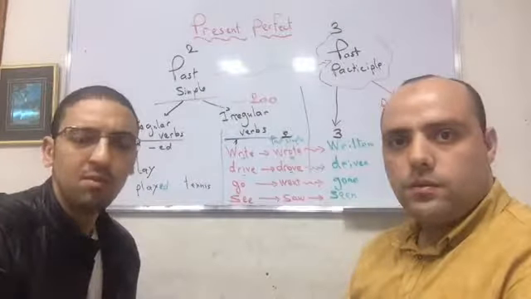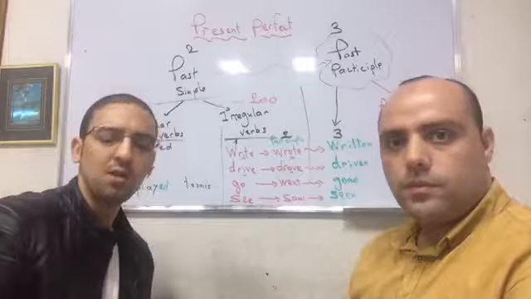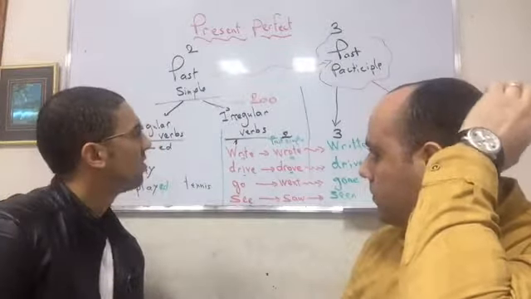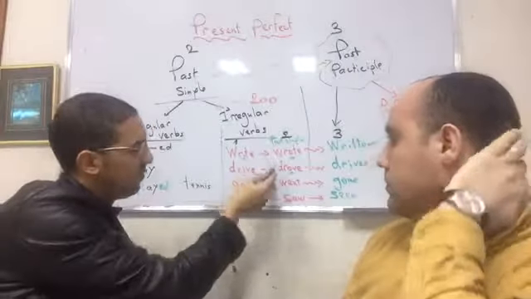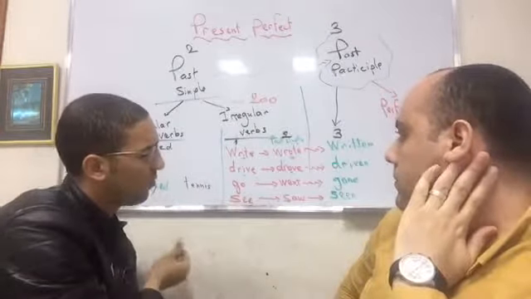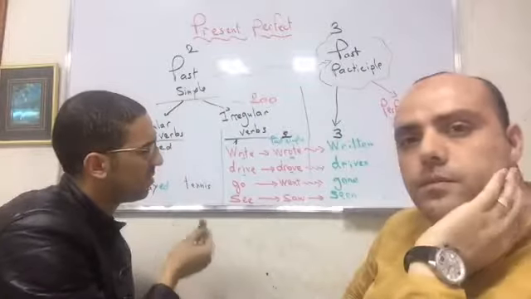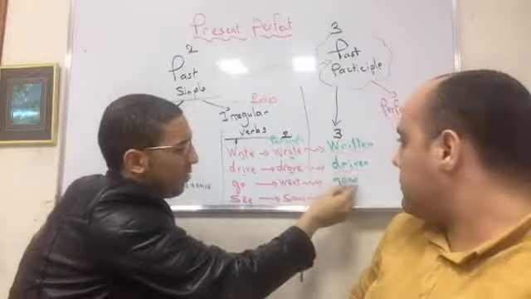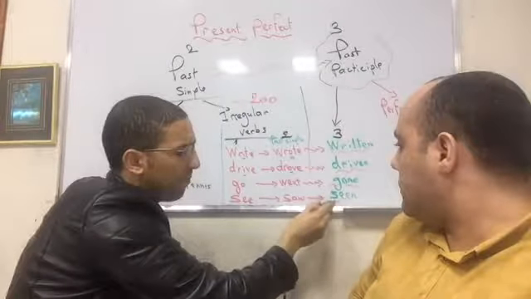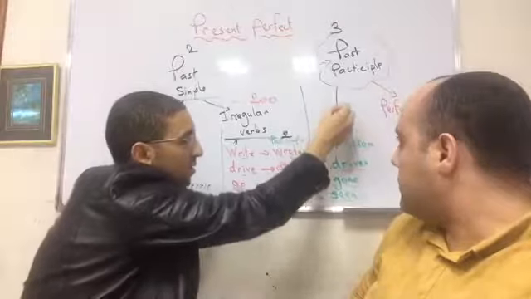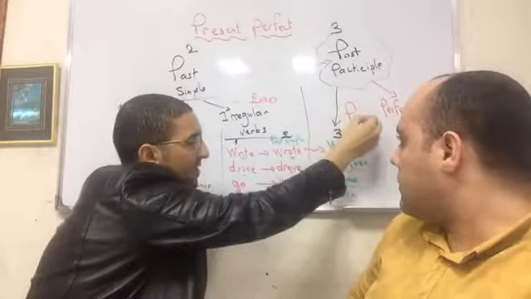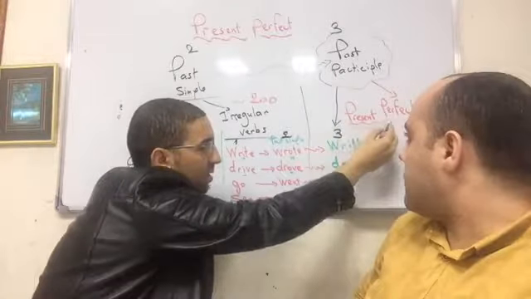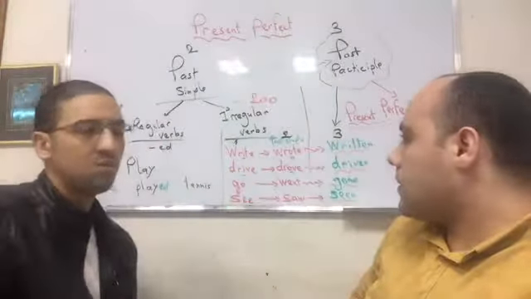And some people remember them through reading something, through writing, or whatever. Yes. So you have to remember these, because they don't have a rule. They need to be remembered. And the same thing for the past participle. Anyway, we're going to use these to give the form of the present perfect, and Mr. Majid is going to give you the form, and then we're going to move to the uses.